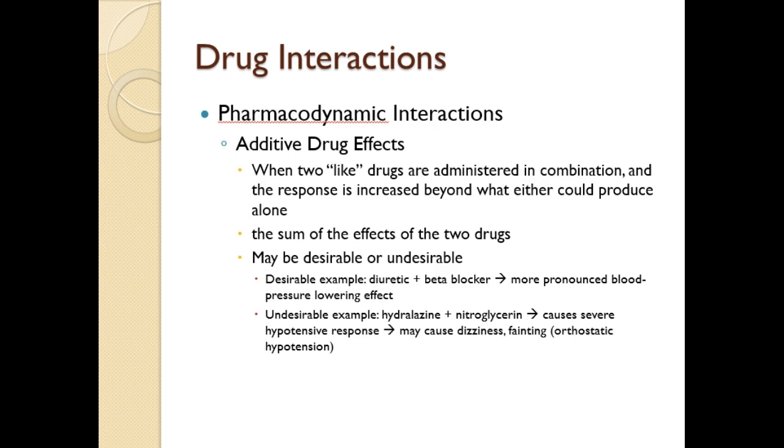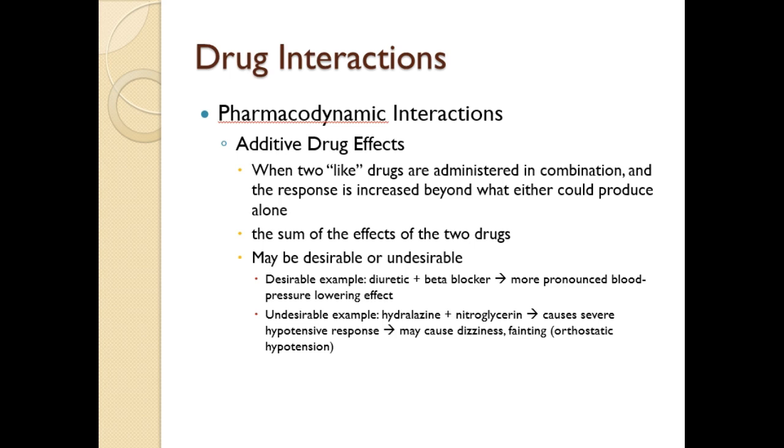And then for drug interactions, you also have the pharmacodynamic interactions. And there are different kinds of effects. The first effect that I'd like to talk about is the additive effect. In additive effect, you have two similar drugs, which means they have a similar pharmacological effect. That's what you plan to have.